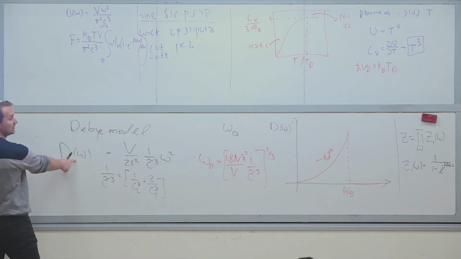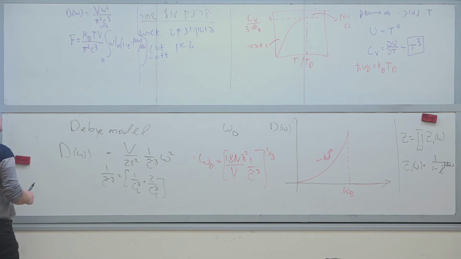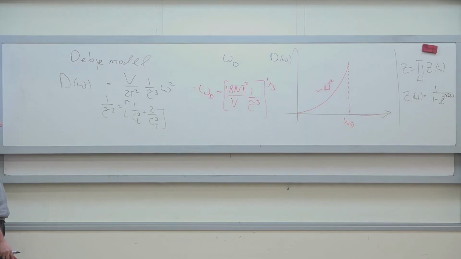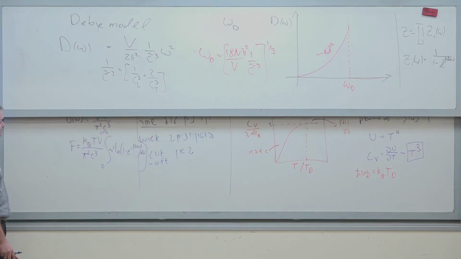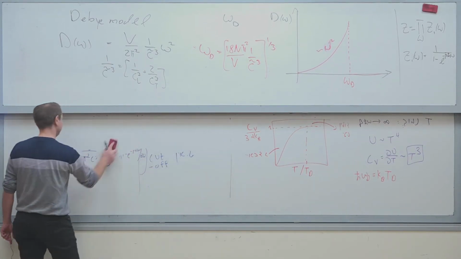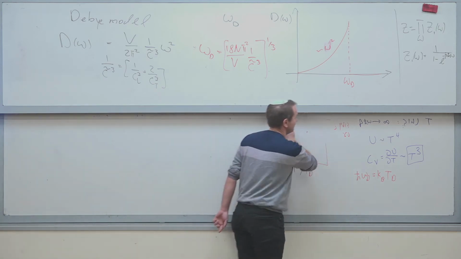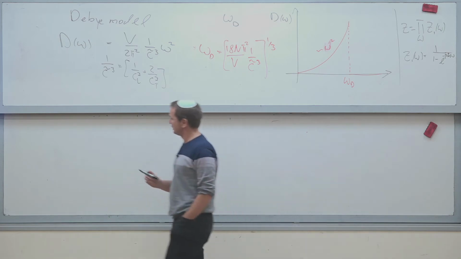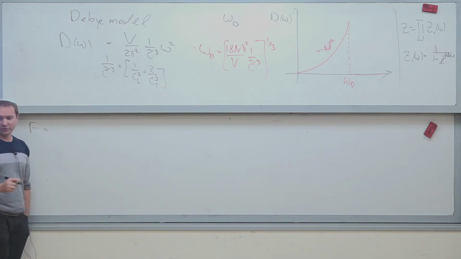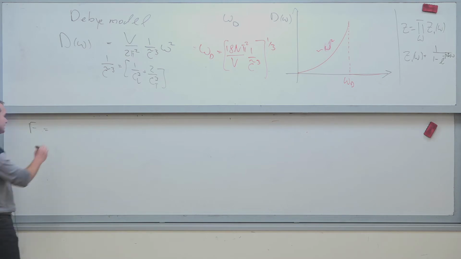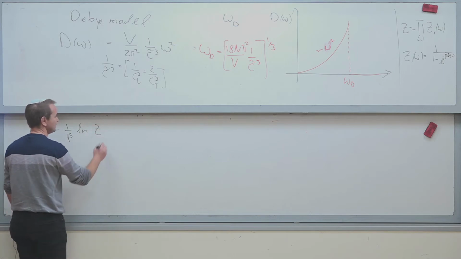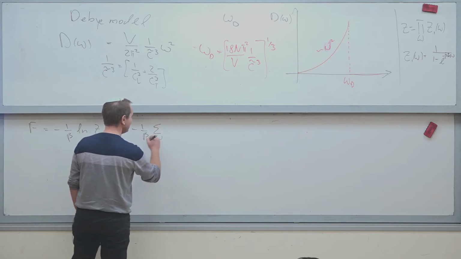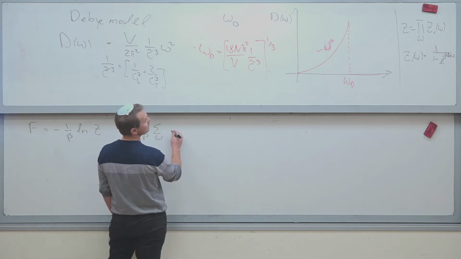Now the next fun part is to somehow incorporate, inside the distribution of different omegas, this density of states. So, to remind you, for example, the free energy was minus 1 over beta log of Z, which is simply minus 1 over beta, a sum over all possible omegas of log of Z1 of omega, because we have a multiplication.